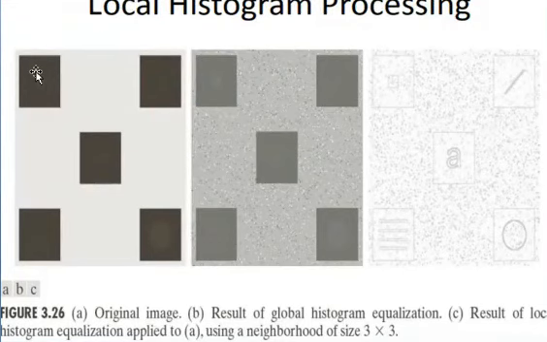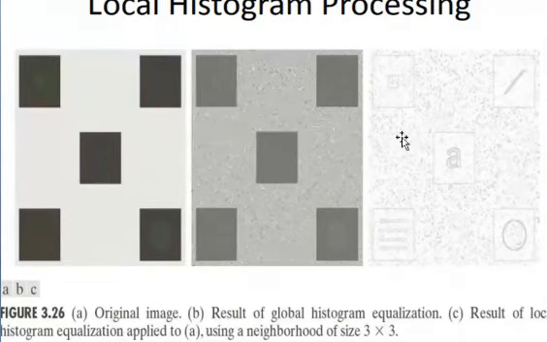In such a way, after applying this local histogram equalization, you can get an image like this. Observe this one. You can observe the particular objects. Some noise is there, and by applying some techniques afterwards, you can nullify this noise also.